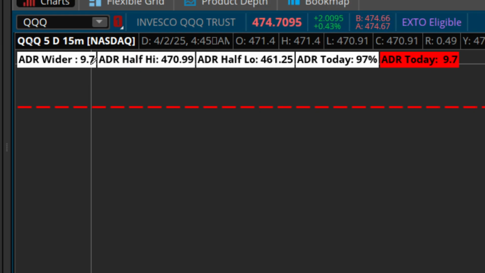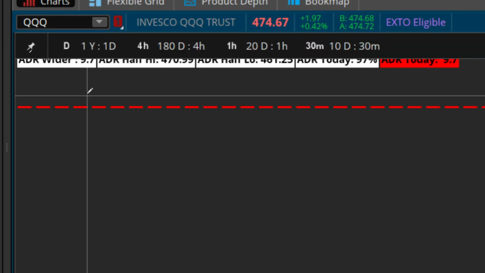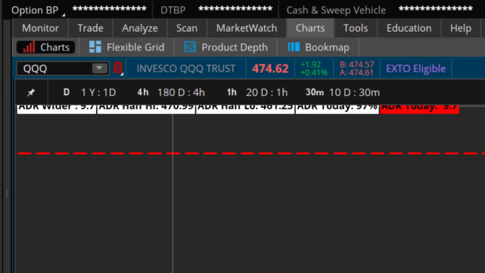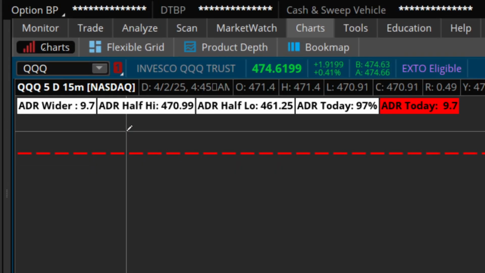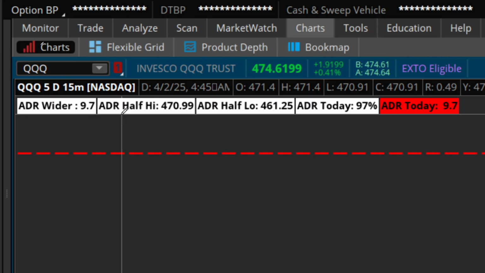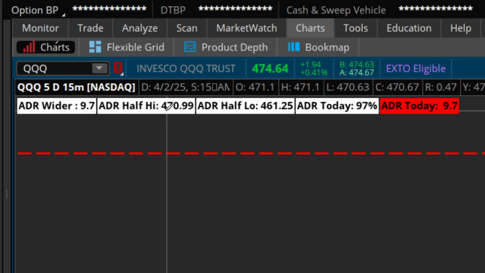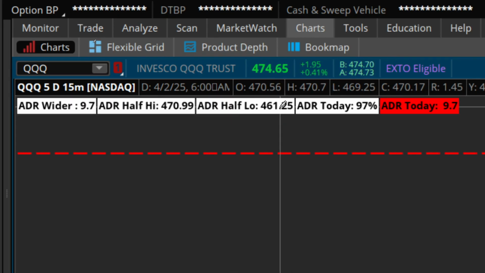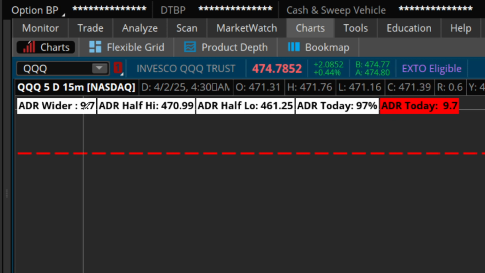It's $9.7 because we're on the Qs. Hang on, let me get away from that. From the open, if we were to go half of that range up, we would have hit 471. If we'd have hit half that ADR down, we would have hit 461 and a quarter, which is basically the open. We'll call it 10 wider.